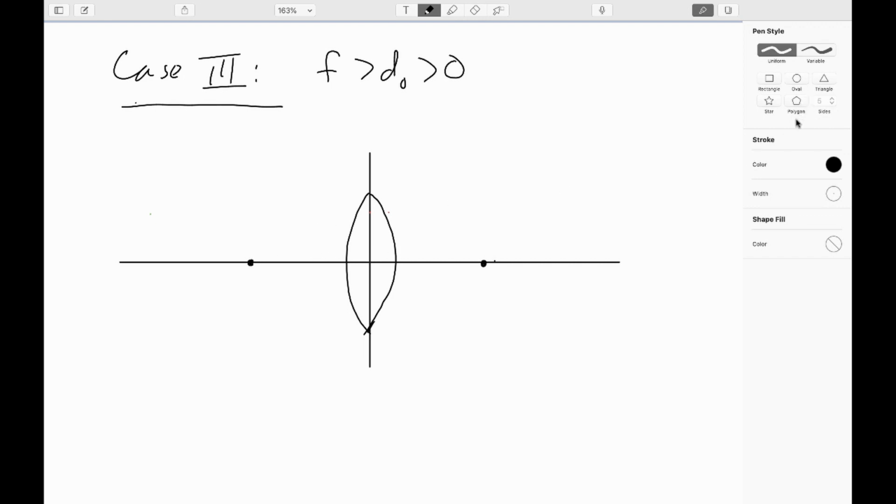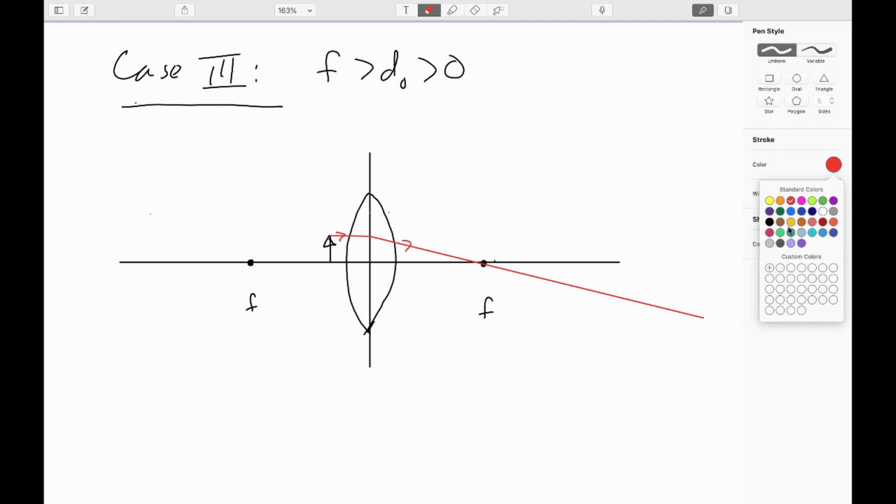Something like that. And I'll stick my object, say, here. So focal point, focal point. So again, same deal. The paraxial ray, you'll take it right to the principal plane, and then again, right out the focal point.